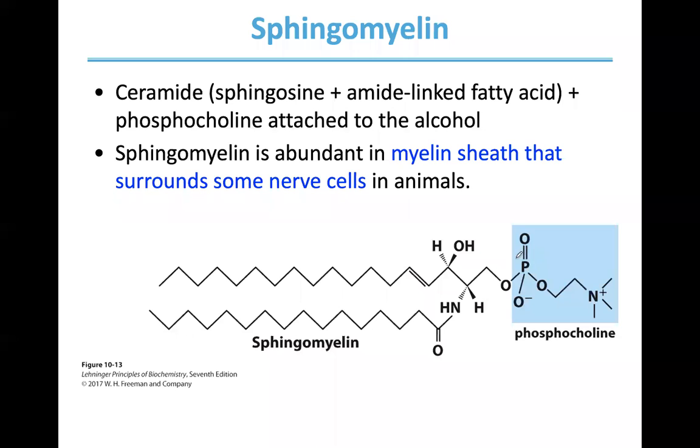So we just saw the structure, and here is the structure again with stereochemistry. It's important to realize there are actually two stereocenters in sphingomyelin, right?